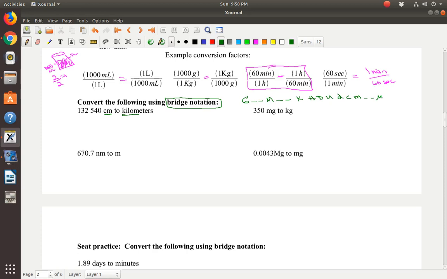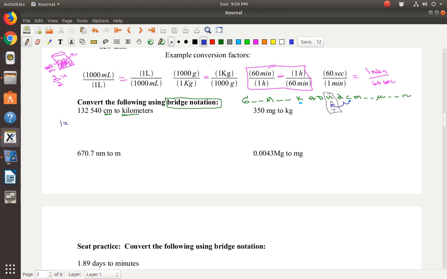Space, this is the symbol for micro. It looks like a fancy U. Space, nano. All right, I'm going from centimeters to kilometers. So this is the centi, and this is the kilometer. And I usually write unit right here to remember that this is where the base unit is without any prefix. Okay? So I'm going to go from centimeters to meters.